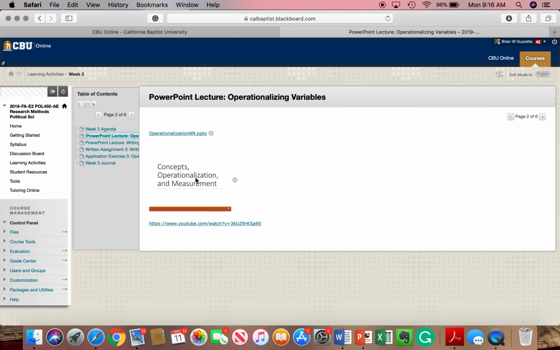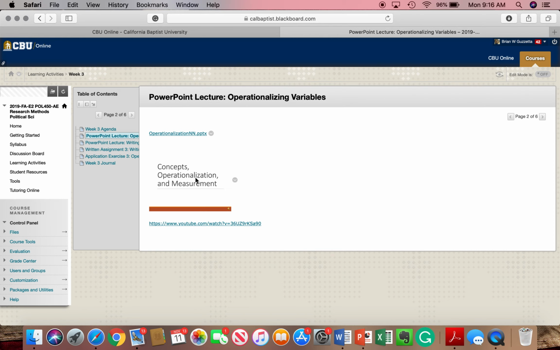A real simple question would be, let's say, do people who go to CBU make good citizens? When we look through that, we would operationalize each variable. Do people? So people, would that be students? Is that faculty? Is that staff? What would we define people as being?